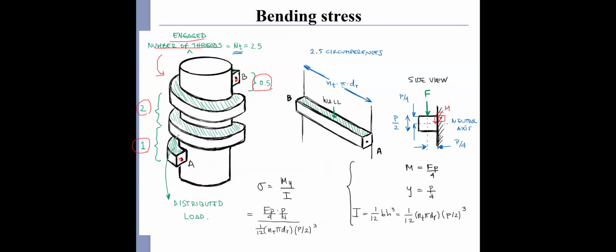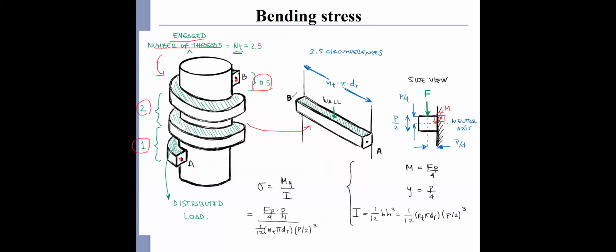When we extend, or stretch, the thread AB to form a rectangular bar, the thread surface is subjected to a distributed load.